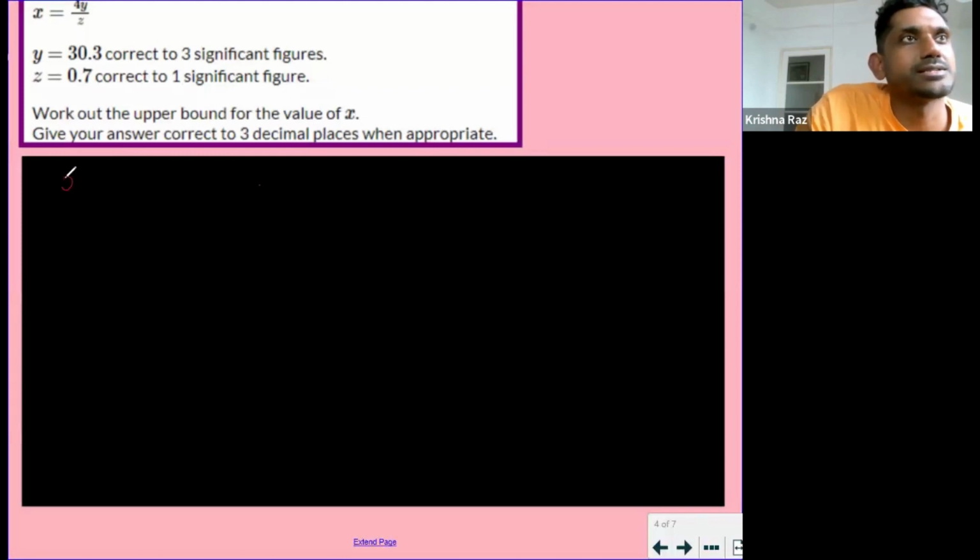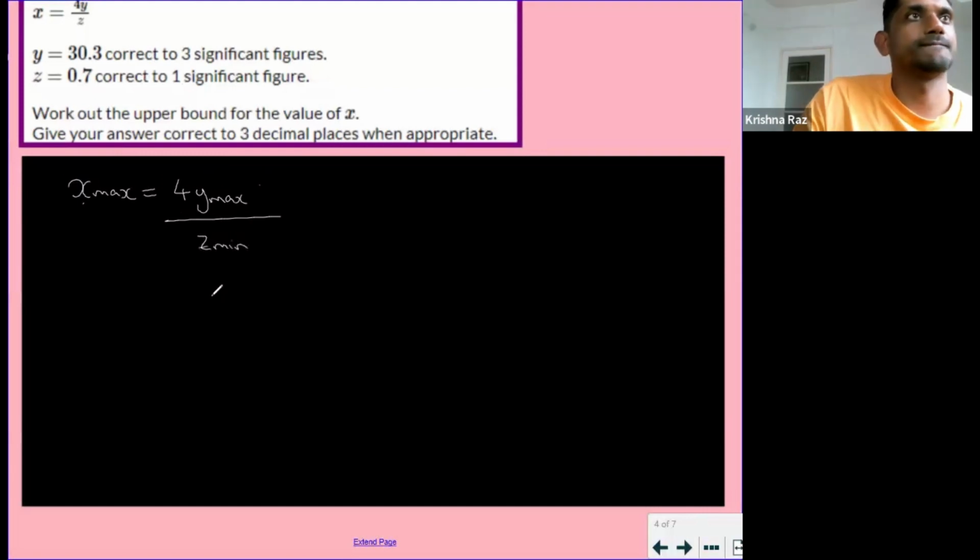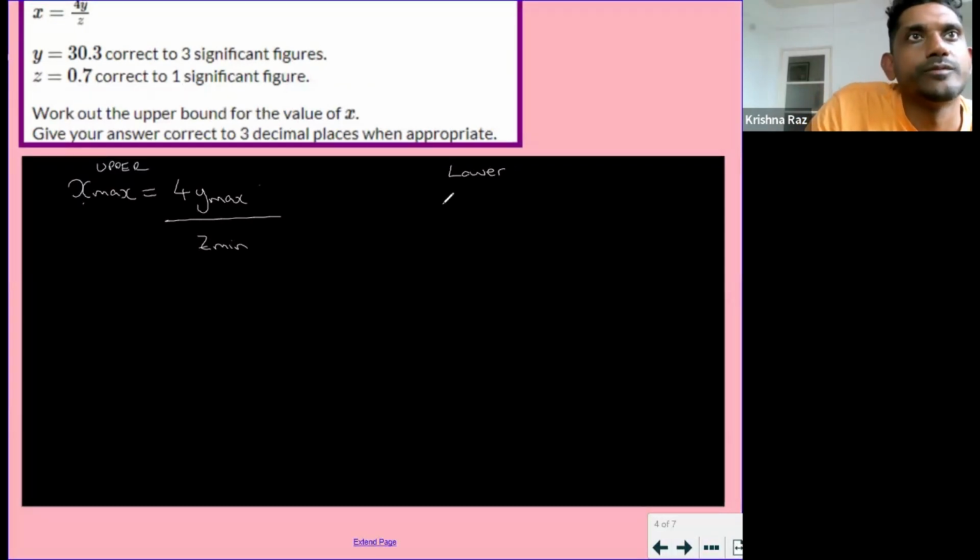We have X max equals 4 times Y max divided by Z minimum. Yeah, because we're trying to find the upper. If we were trying to find the lower, we would have done X min equals 4Y min over Z max. Yeah, but we haven't been asked to do that, so I can get rid of that one.